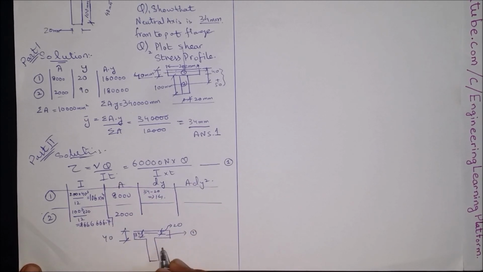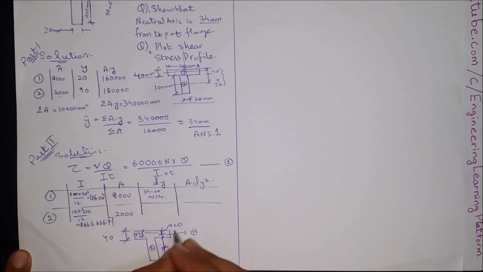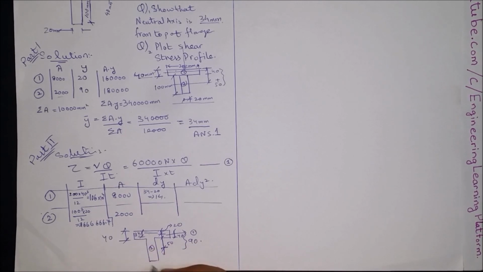Now for calculation of dy for shape number 2, we have to find out the distance of this shape's centroid to the whole body centroid. Note that this distance is 40 and this distance is 50. So the total is 90 millimeters. And the centroid of the whole body was 34.